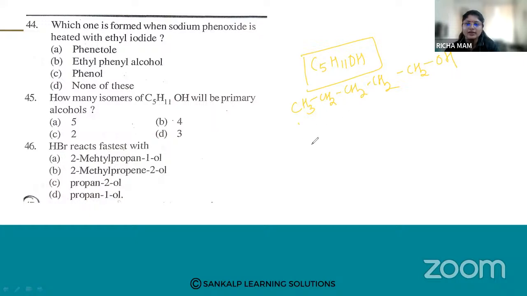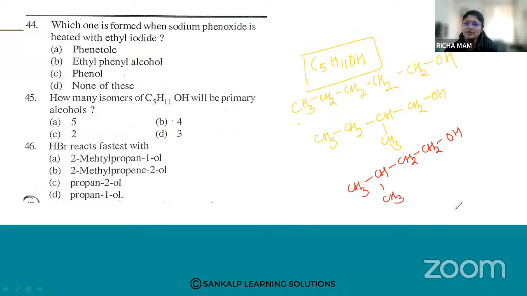Then another possibility is CH3, CH2, CH3, CH2OH. Then another possibility is CH3, CH3, then CH2, CH2OH.